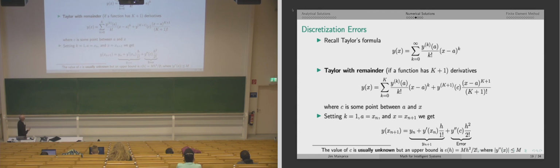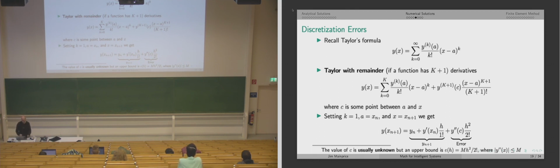So if we set k equal to 1, so we are truncating at the first derivative, we get the estimation of the next point based on the first order derivative, which is what we are doing with the Euler method, and some second order derivative that is the remainder of the Taylor expansion here.